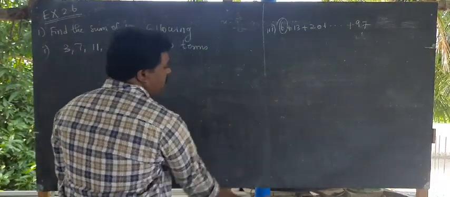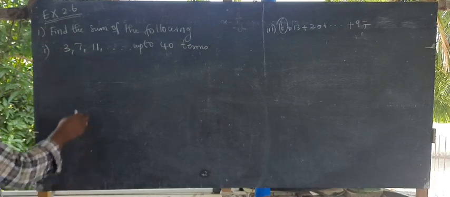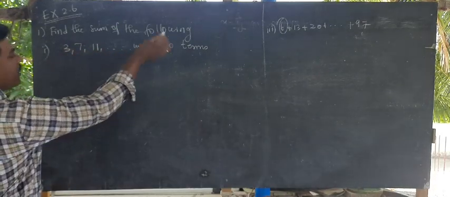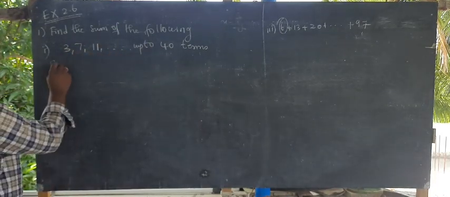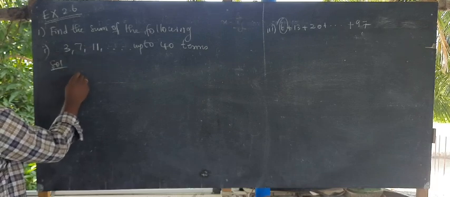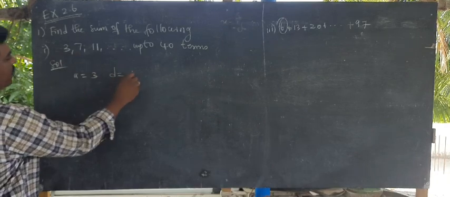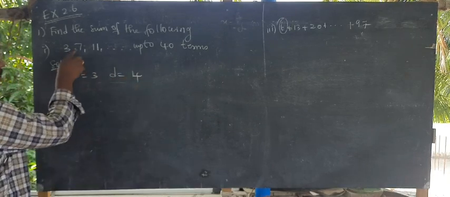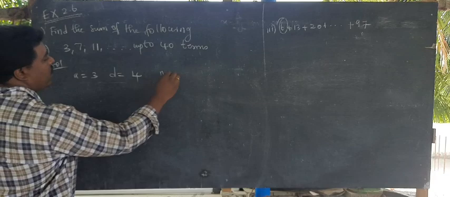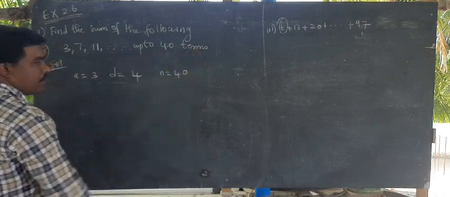Now come to the point. Sum number 1: 3, 7, 11 and so on up to 40 terms. a equals 3, the first term, d equals 4 since 7 minus 3 is 4, and n equals 40 because they gave up to 40 terms.